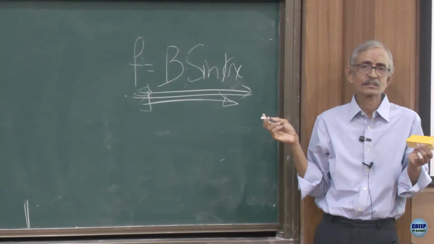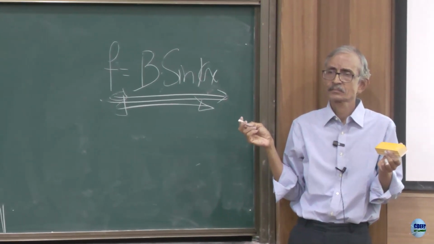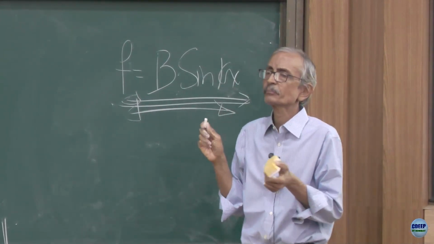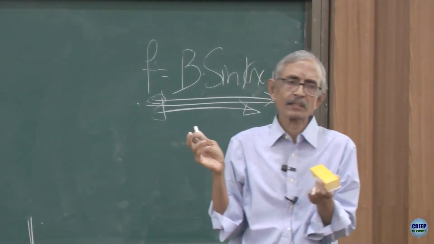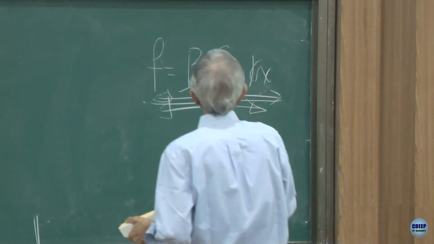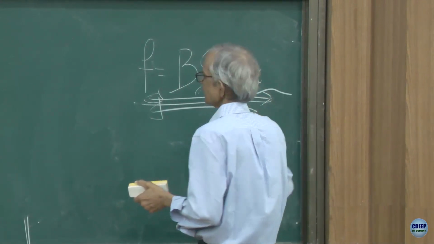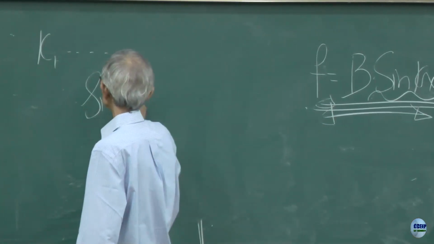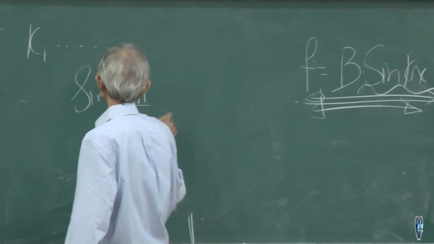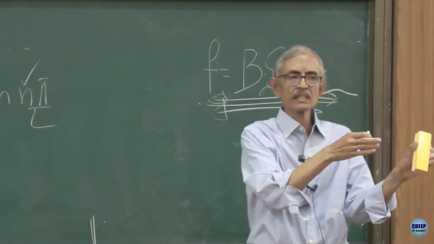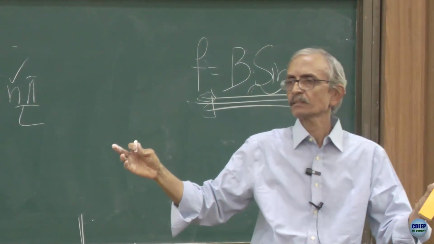What are the eigenfunctions? If I put different values of K, I'm going to get different values for this F, right? So these are my eigenfunctions, which are sine of Kx. Just like in the previous case, we had sine of n pi x by L, and we said that you change this n and you got different eigenfunctions.